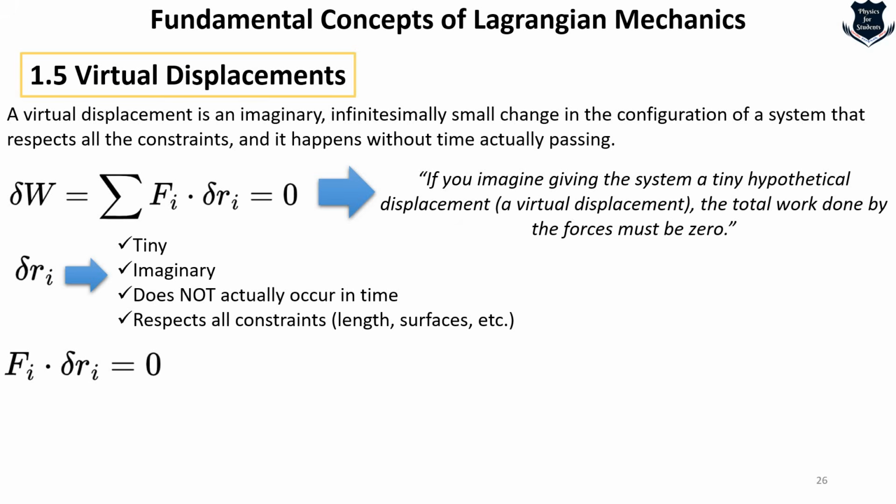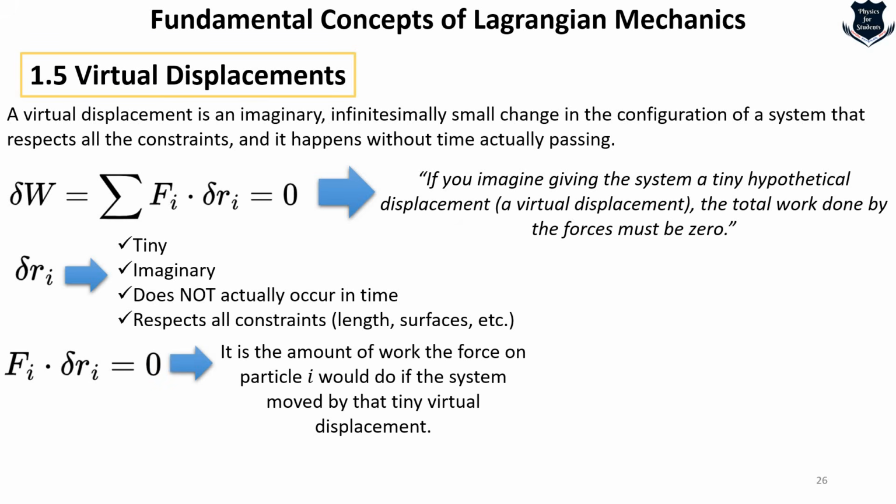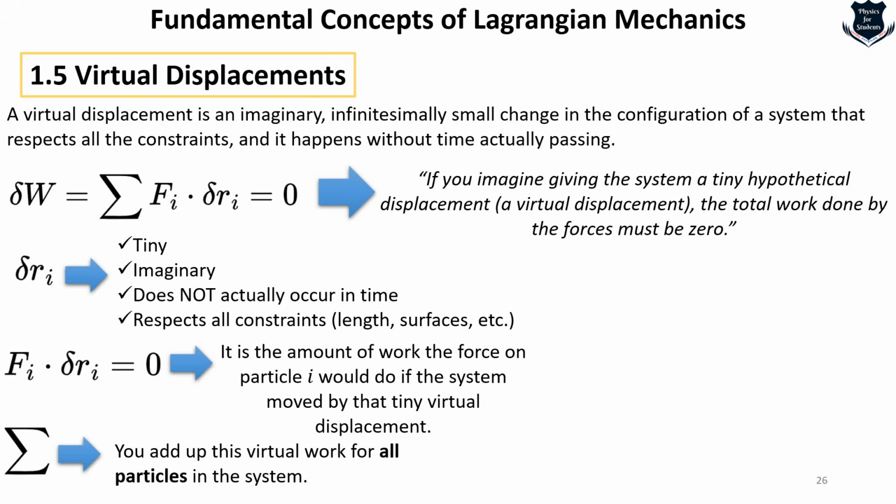As you can see, this Fi dot del Ri is the amount of work the force on particle i would do if the system moved by a very, very tiny virtual displacement. And the sigma adds up everything. Now the question is, why is this important?